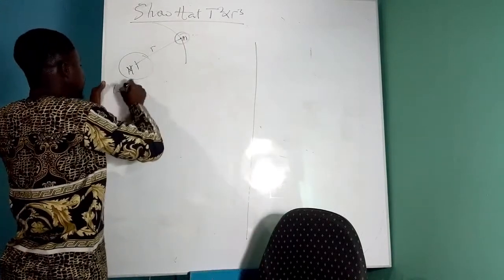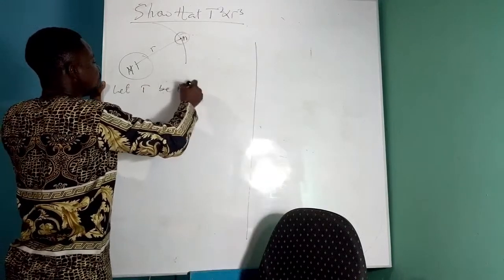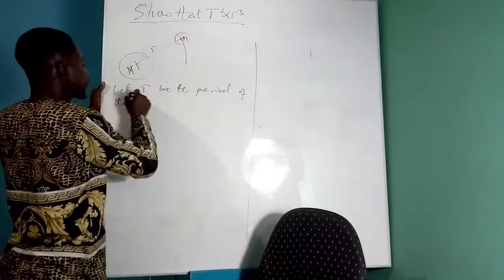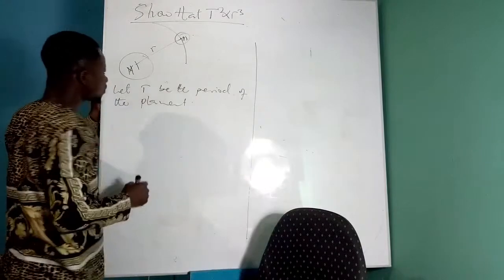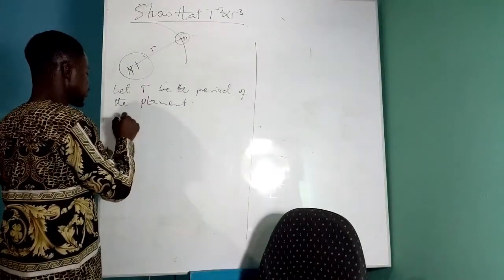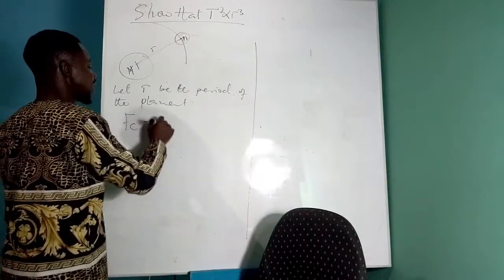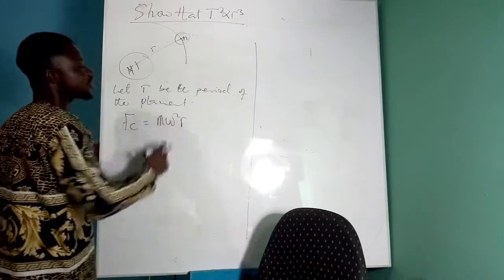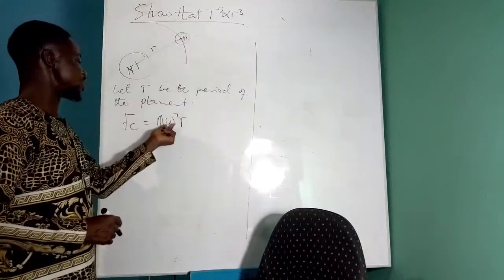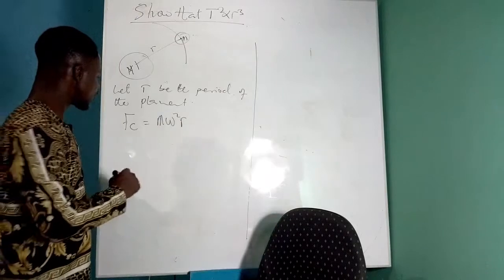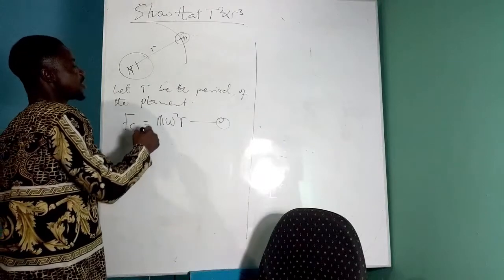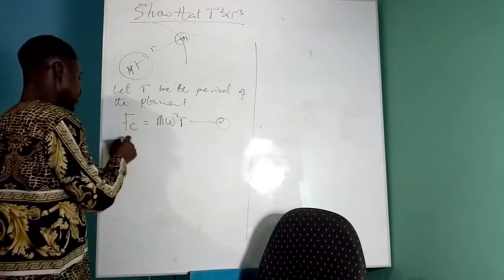Let T be the period of the planet. Remember that the planet is undergoing circular motion, so the planet has centripetal force. So the centripetal force Fc is given by m omega squared r. This is another relation for centripetal force, and because I want the period, that's why I quoted this relation. Good. Let me call this equation 1. And the circular motion is made possible by the gravitational force.